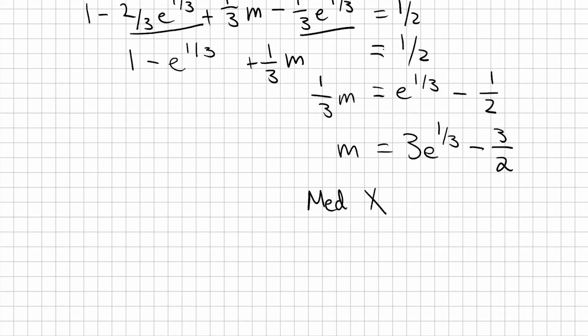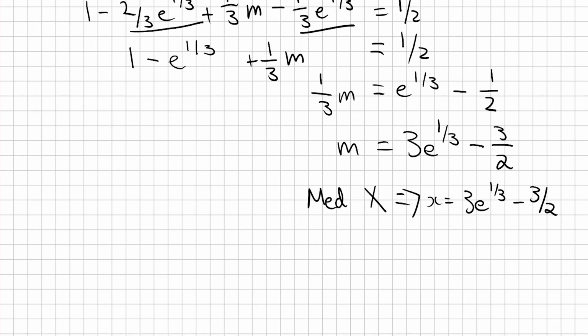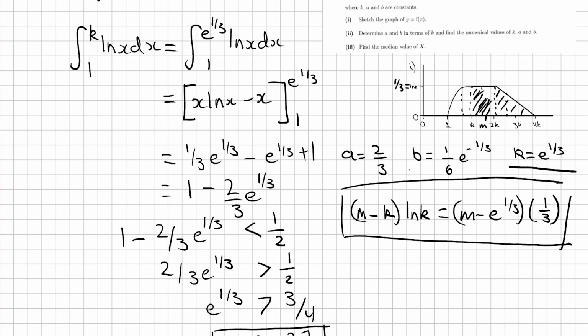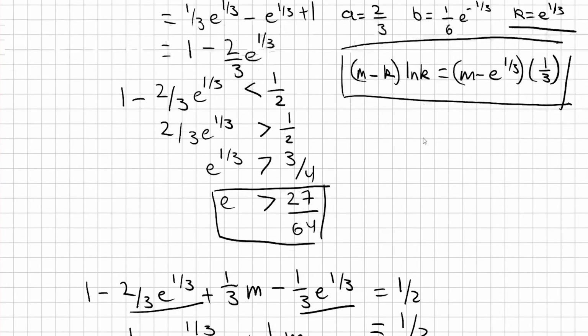of x is at x equals 3e to the 1/3 minus 3 over 2. Now we also have to check if our median is in between the range of our region from k to 2k to make sure it's within this rectangle here.